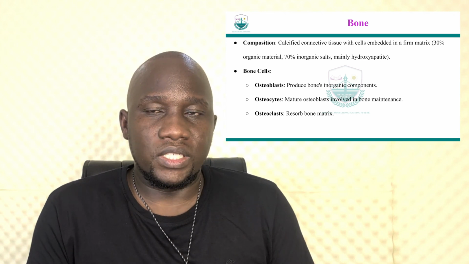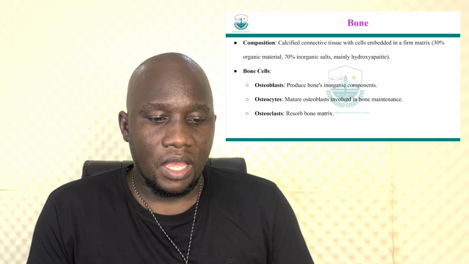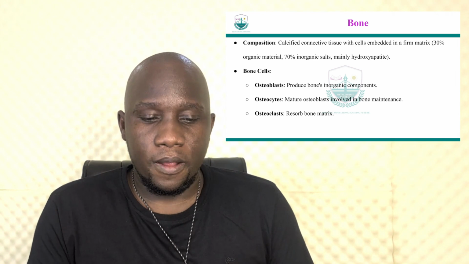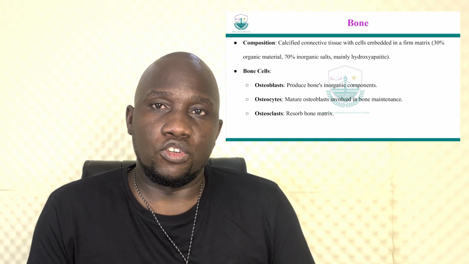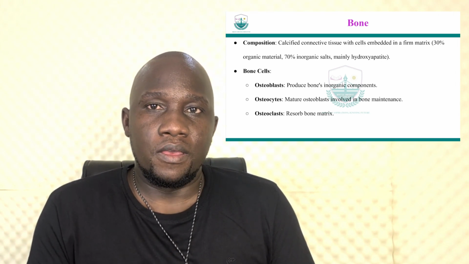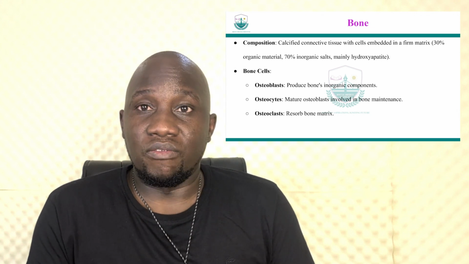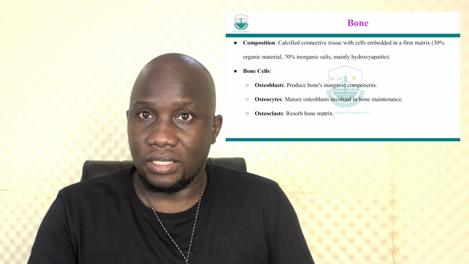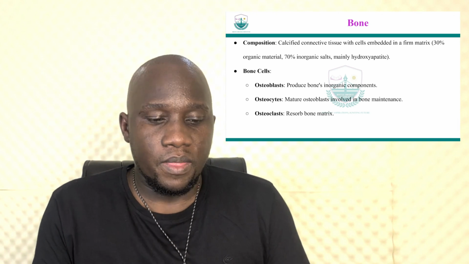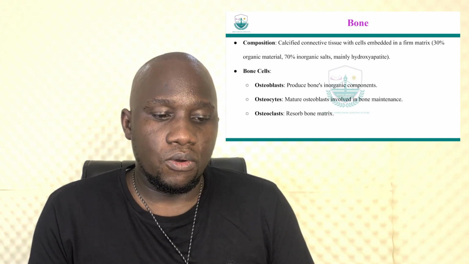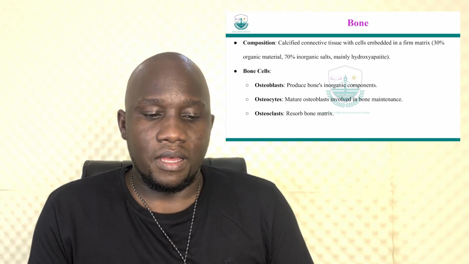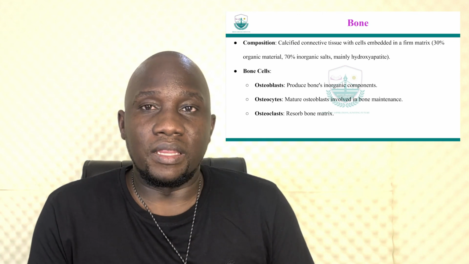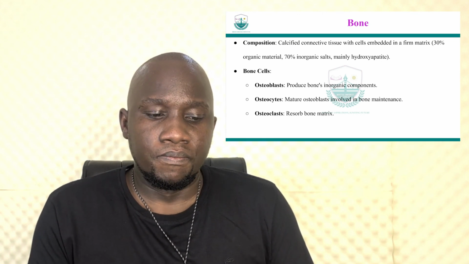And then the osteocytes, these ones are mature osteoblasts, and they are involved in making sure that the bone remains healthy, bone maintenance. And then osteoclasts, they are important in resorbing the bone matrix. Okay.